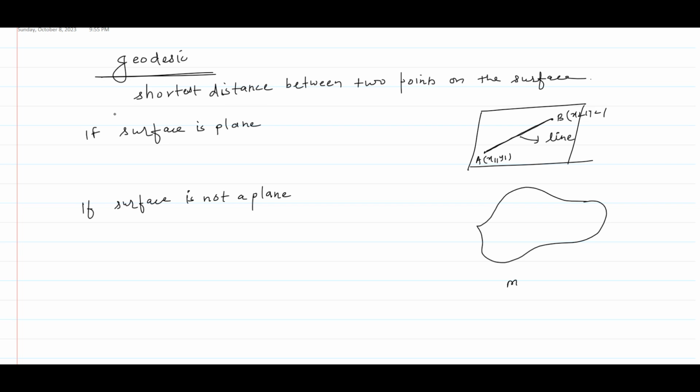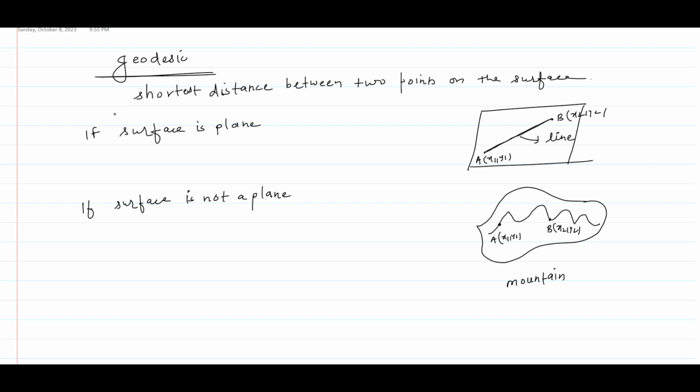Let us suppose the surface is a mountain. So there will be different types of peaks here. If I take a point here, that is x1 comma y1, and let us suppose the point B is x2 comma y2.